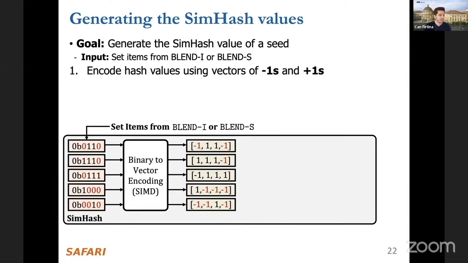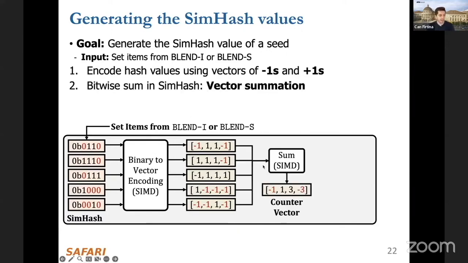If we see a minus, there are more zeros. To achieve that, we just subtract 1 whenever we see 0. Then we convert this to vector encoding because we use SIMD operations to perform the addition and summation computations efficiently.